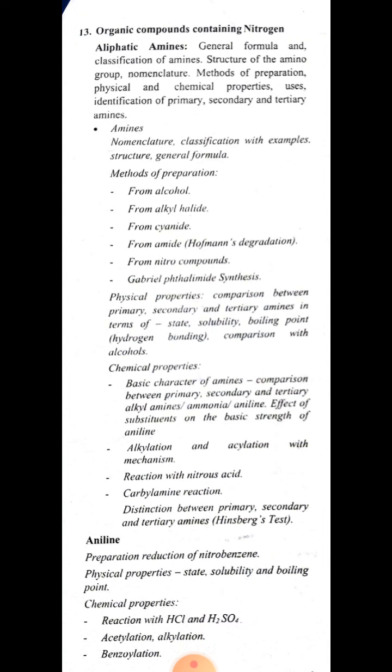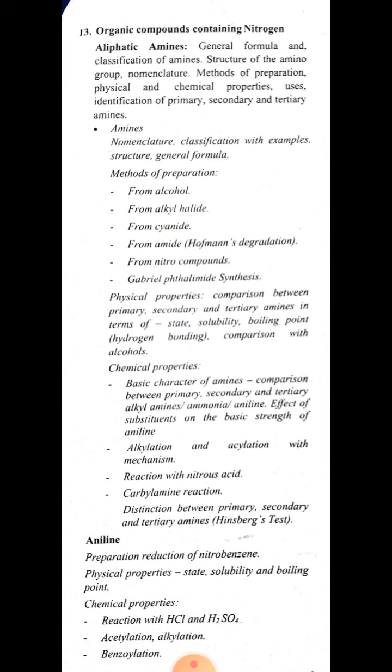As mentioned on your screen, the first topic is aliphatic amines, which includes general formula and classification of amines, structure of the amino group, nomenclature, methods of preparation, physical and chemical properties, uses, identification of primary, secondary and tertiary amines. Under this topic, we have to study amines, nomenclature, classification with examples, method, general formula.